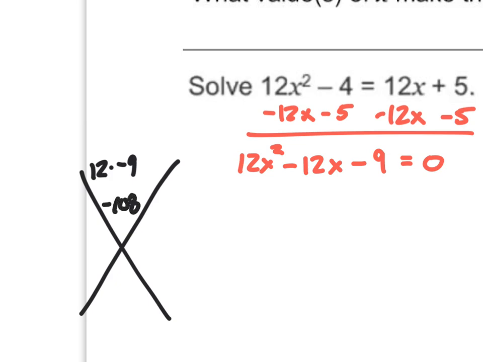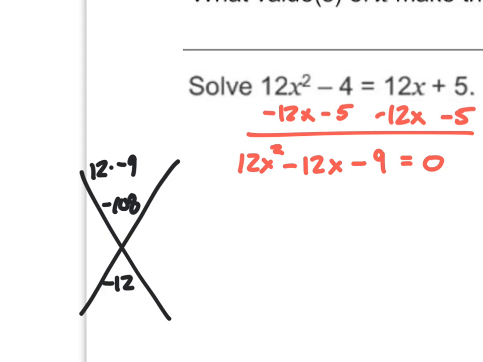Then I need to put in my middle term, my b term, which is negative 12. So now I need two numbers that multiply to negative 108, but add to negative 12, okay?